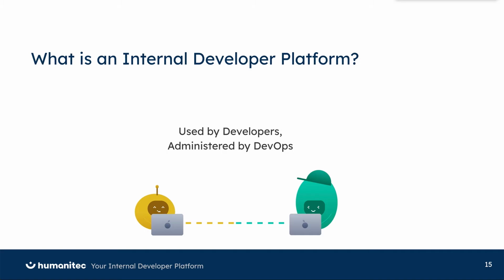So I'll give you an example. If you need a Postgres database for your service as a developer, I don't really care how that Postgres service is provisioned. I just want to make sure that I can access a Postgres database, which can be used by my service when it's running.